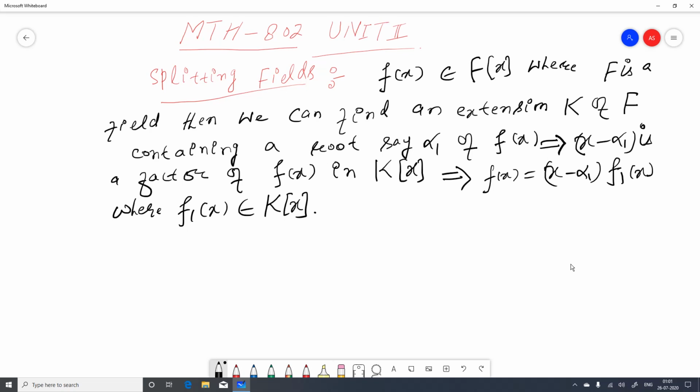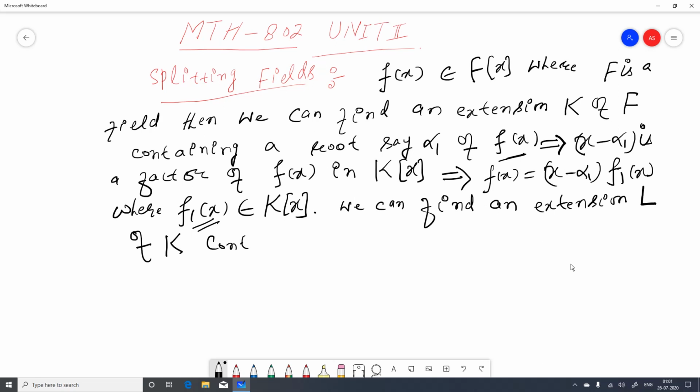Now, since K is a field, by a similar argument as we applied to the polynomial f(x), applied to the polynomial f1(x), we can find an extension L of K containing a root, say alpha 2, of the polynomial f1(x).